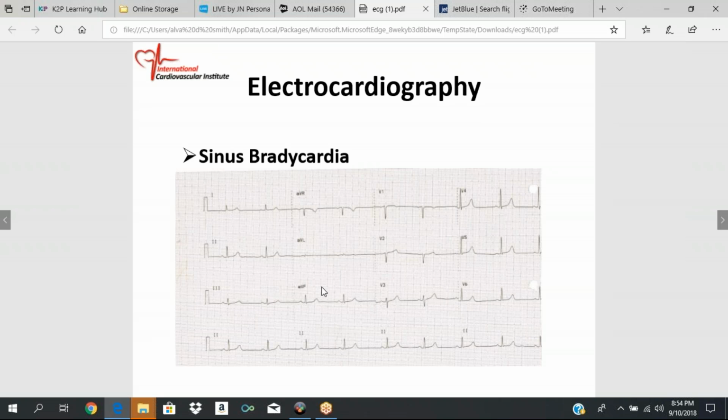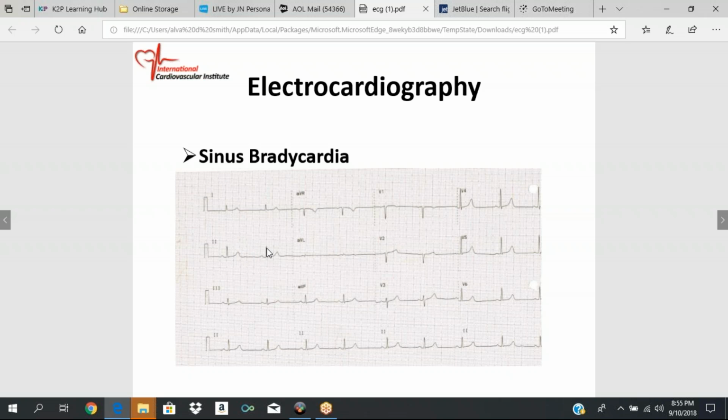So let's look at this. Sinus, because you have upright P waves in leads 2, 3, AVF. Each P wave is followed by a QRS in a 1-to-1 ratio. And when you do the heart rate, it's 1, 2, 3, 4, 5, 6.